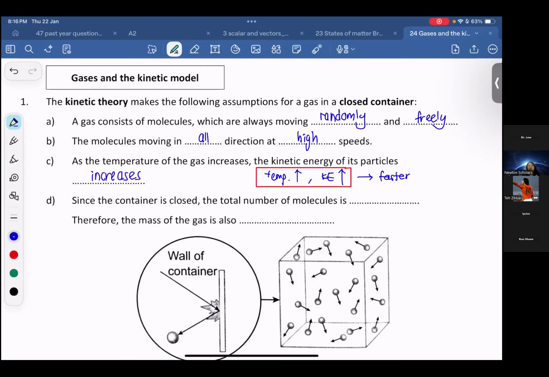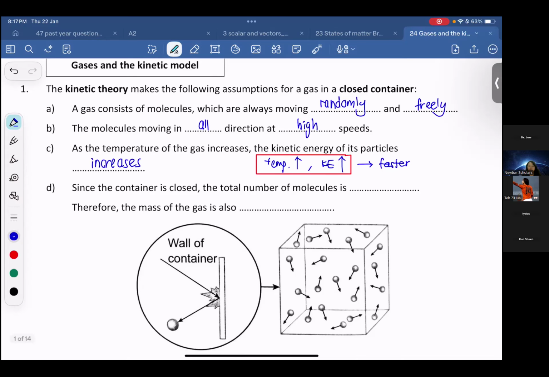We need to know what the properties of the molecules are. Since the container is closed, we trap the gas, and we cannot let any gas particle come out. The total number of molecules is constant. Let's say inside here we have 20 of them.